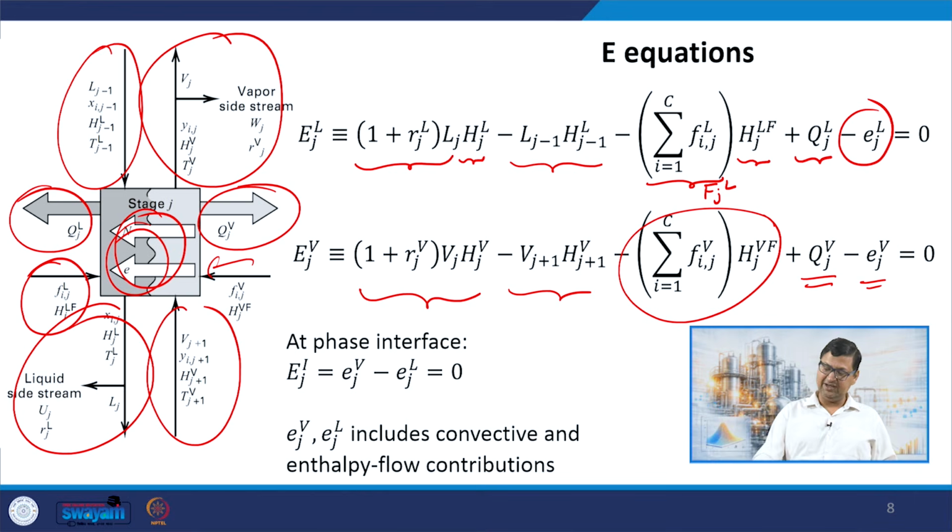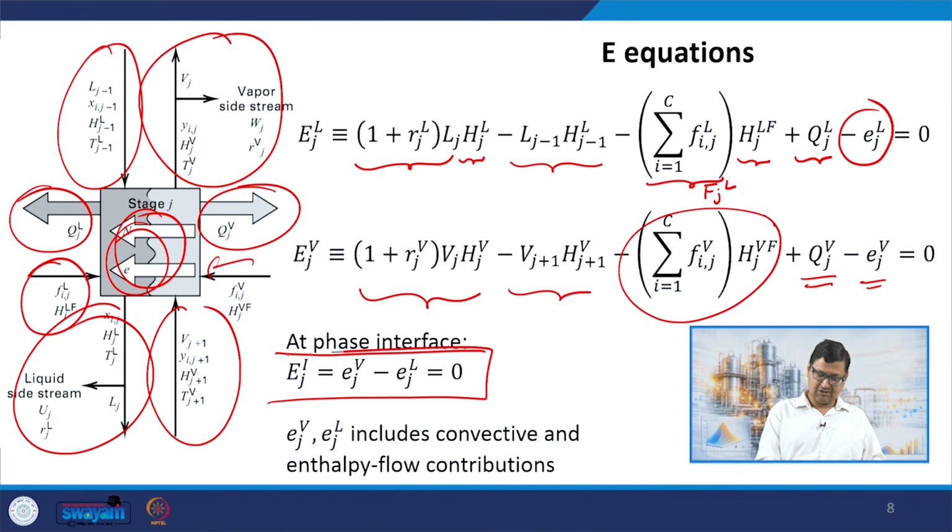The way we have defined EjV and EjL are net heat transfer into a phase, but keep in mind again, as I said for N, both of them are also related to each other, right. In fact, at the interface, these two basically should sum to 0, right. So, but the direction is opposite, right. So, EjV should be equal to my EjL, right.